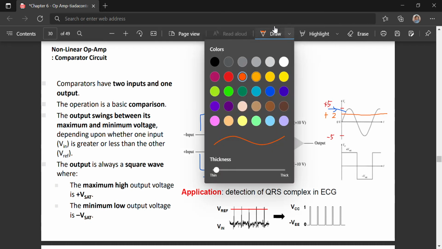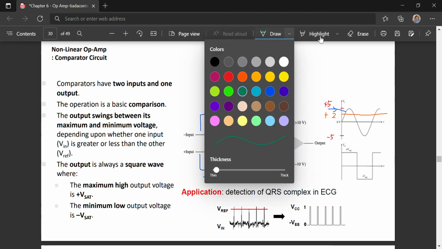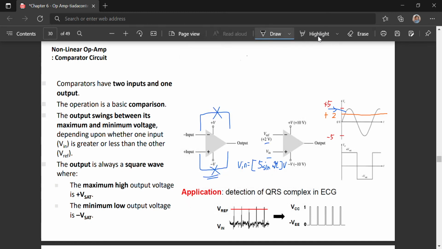So firstly, what we need to do is I want to draw another graph. Okay, so for example here we have Vout and t.